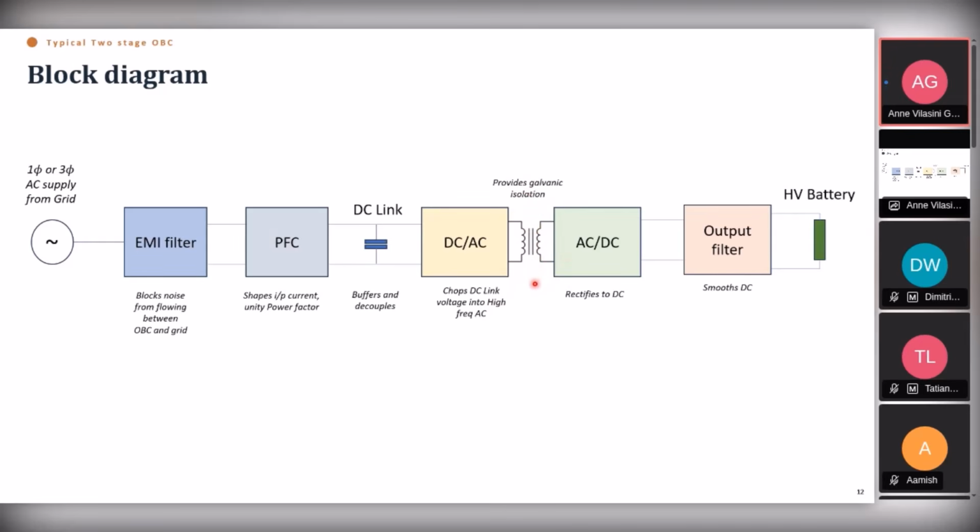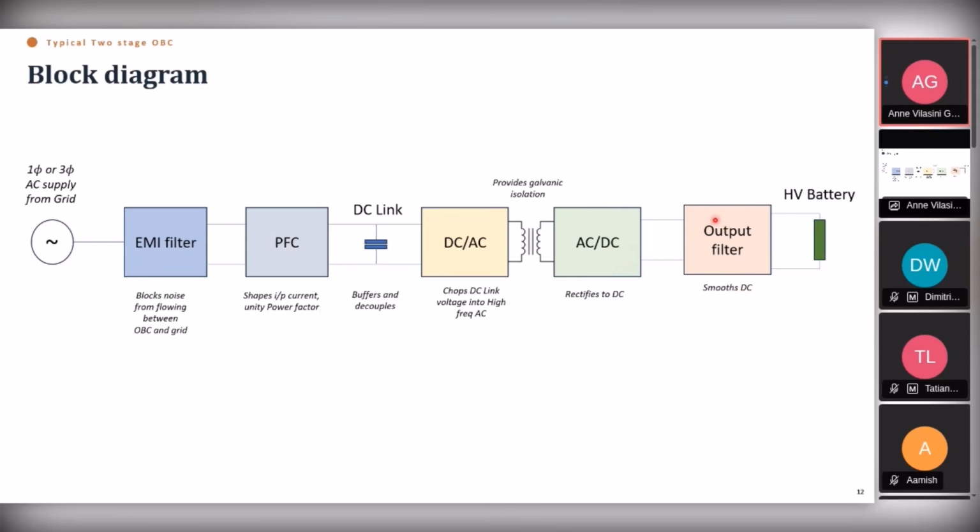The isolation is needed because you have AC on the primary side and DC on the other side. So this is for safety. And then you have the AC to DC stage, which is the secondary stage, basically converting the rectified AC back to DC.